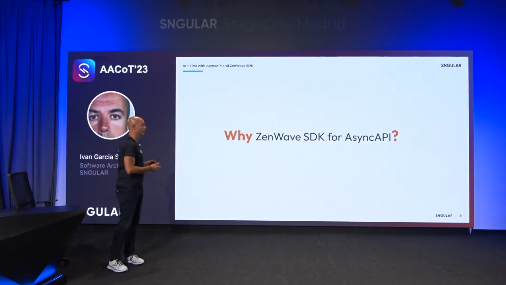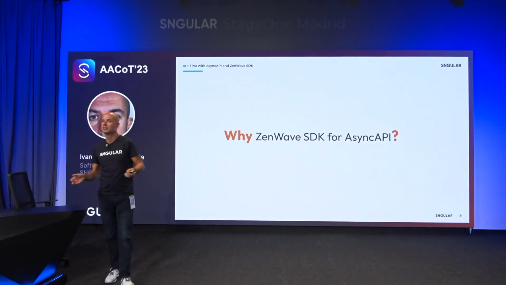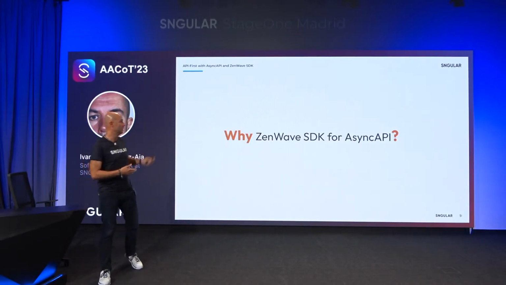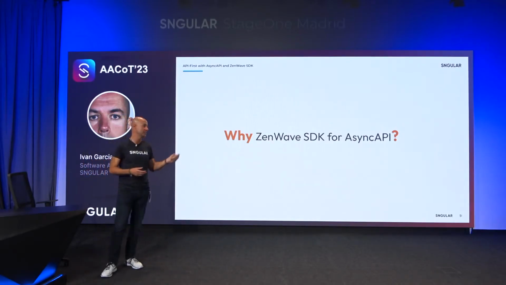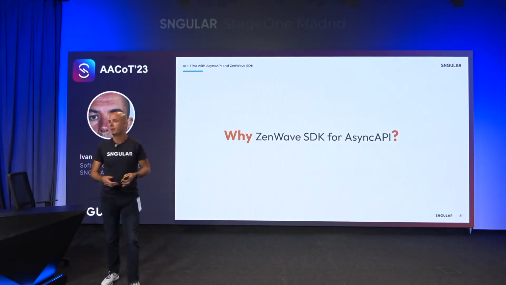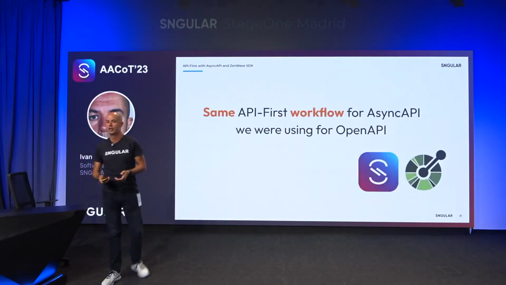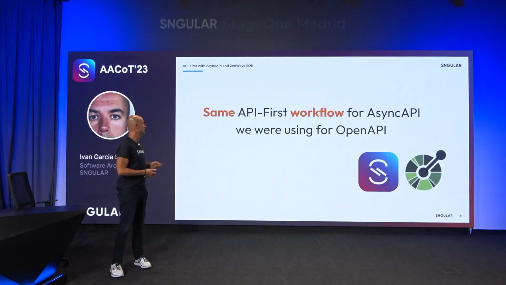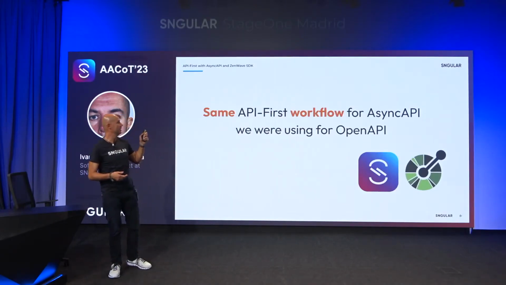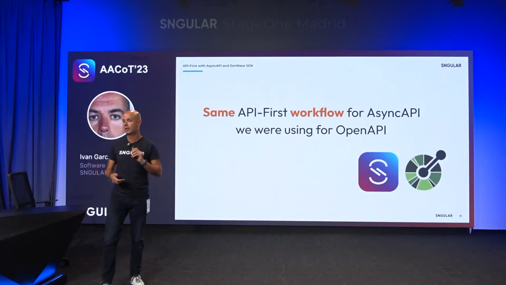So, the main question: why did I write ZenWave SDK for AsyncAPI if maybe there were already other code generators? And the answer is because we wanted to use the same API-first workflow that we were using with OpenAPI.